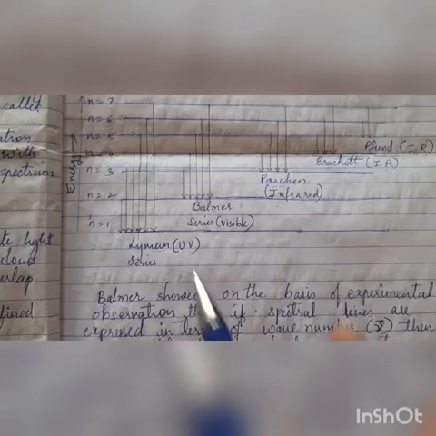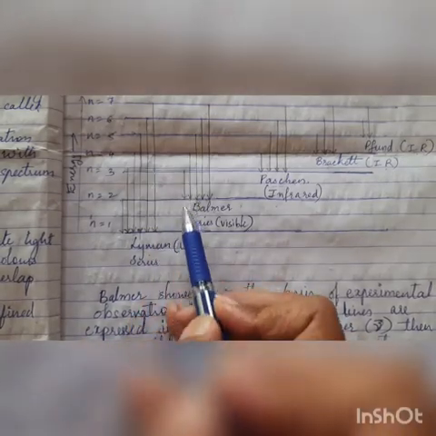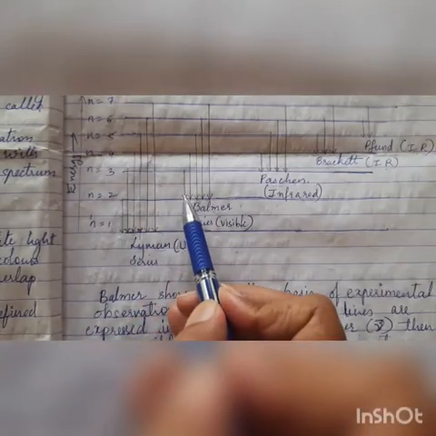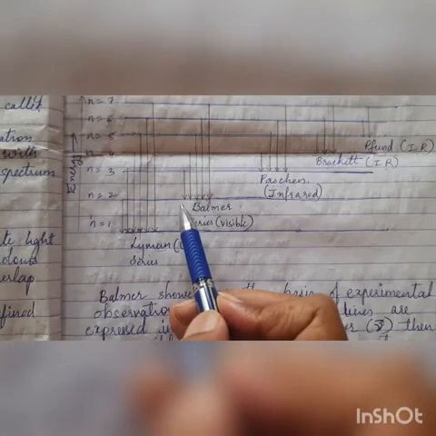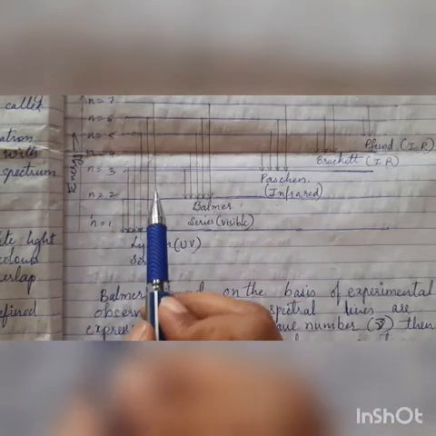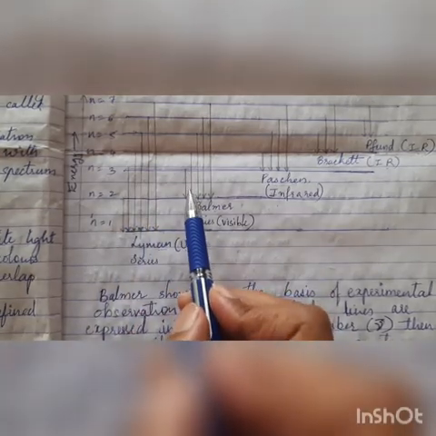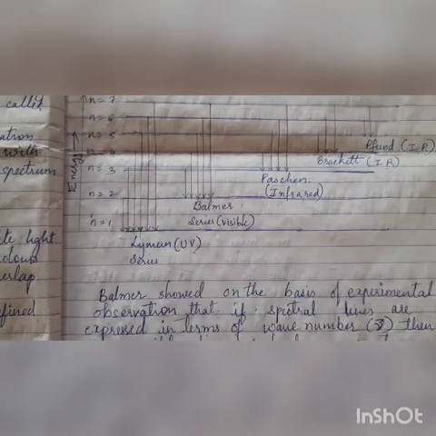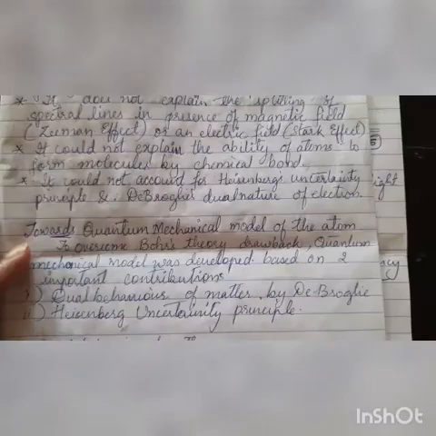What does that mean? These lines, when seen through a highly sophisticated spectrometer, were seen to further split. Why it is splitting could not be explained on the basis of Bohr's theory.